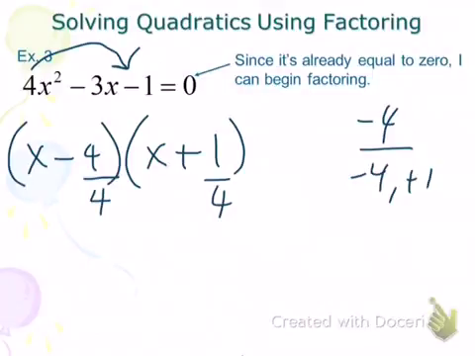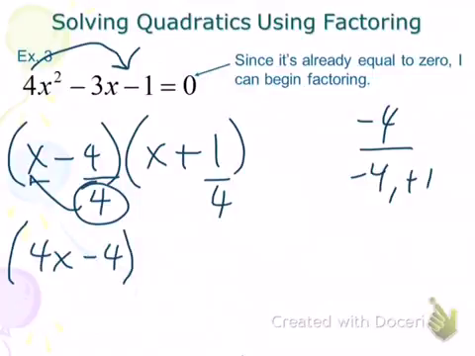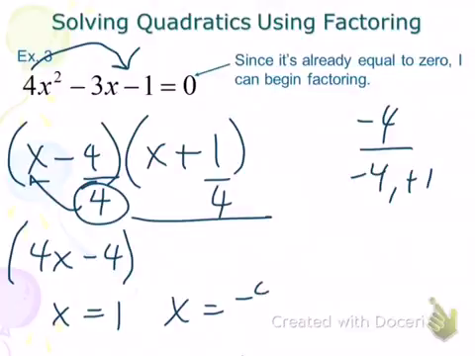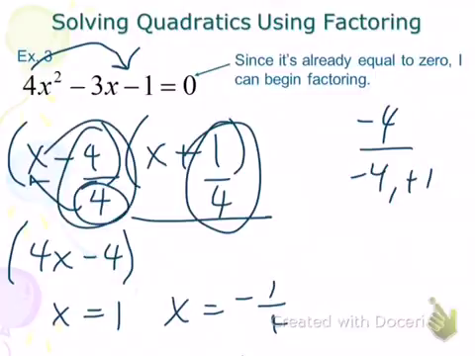So what a lot of people do is forget to simplify this and just move the 4 up. Well, that doesn't really matter in this instance because if you solve that, you still get +1 as your solution. And you could take this right here as it is, and x equals -1/4 is the other solution.